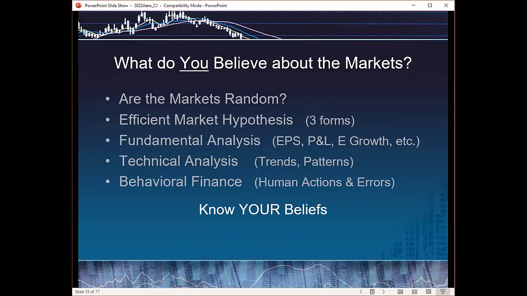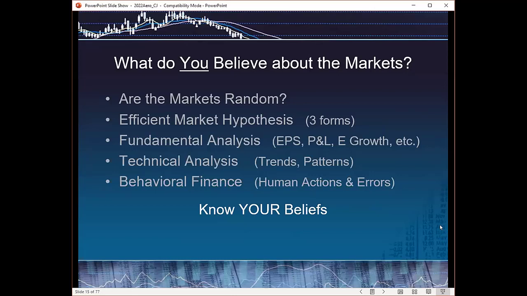Why that's important is that when you develop your own trading system or style, if it is in agreement with your beliefs, it's going to be far easier to have the discipline to stick to it. When you try to learn a system from someone else, it's much more difficult to be disciplined and stick to it because you didn't develop it and you probably don't know it intimately.